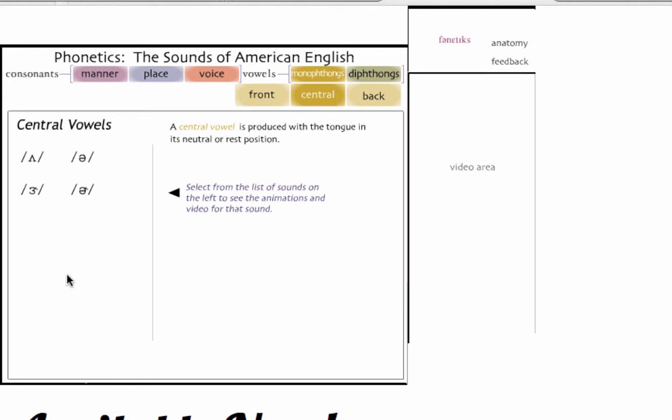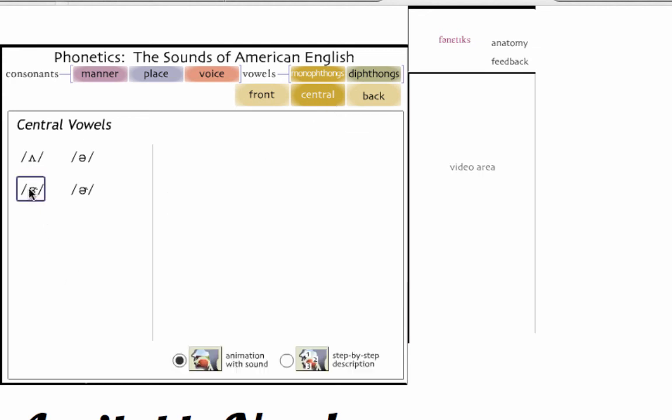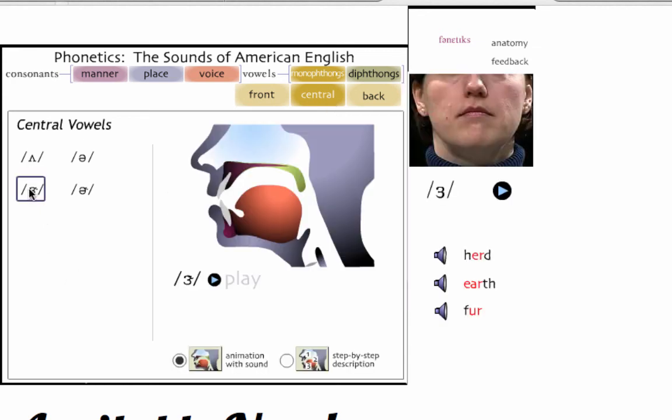The central sounds, this is the one that I was telling you about that is a little tricky, and this is the sound of bird. That's the vowel you should have used for bird. So it would be b, and then this sound, and then the d as in bird.